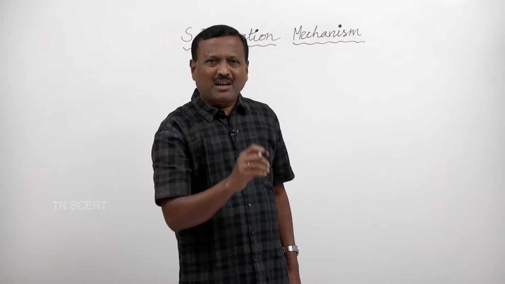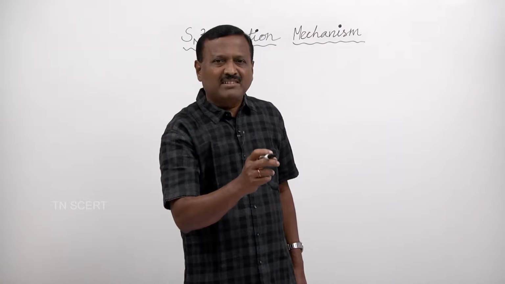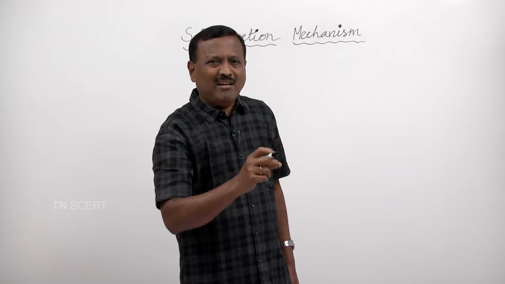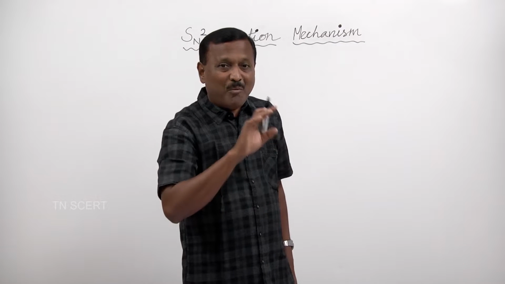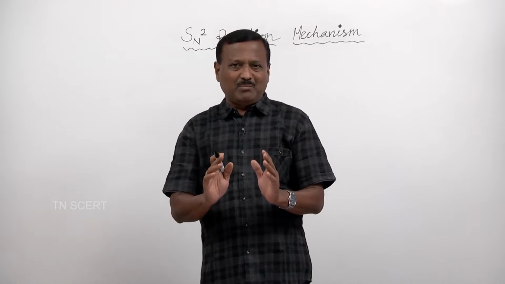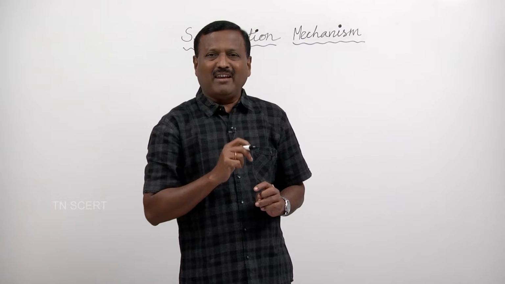The negative groups are called nucleophiles, nucleus liking group. Philic means like or love. So, nucleus likes or loves the negative groups. Why? Because nucleus is a positive center. So, nucleophile is shortly represented by Nu minus.